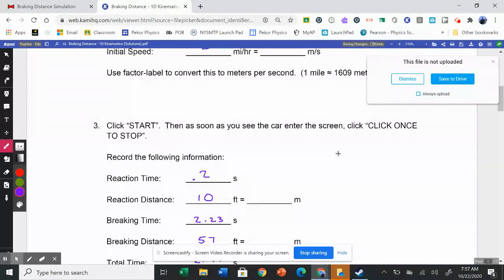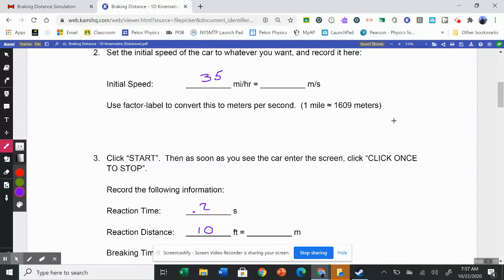Now, unfortunately, this simulator is not using metric units, and we need to use metric units in physics, so I'm going to have to do some conversions. So 35 miles per hour. The first thing I'll do is get out of miles and go to meters, and I can see the factor over here that 1 mile is about 1609 meters.